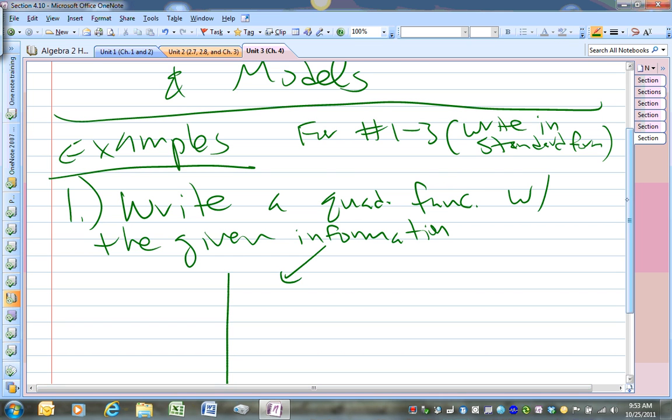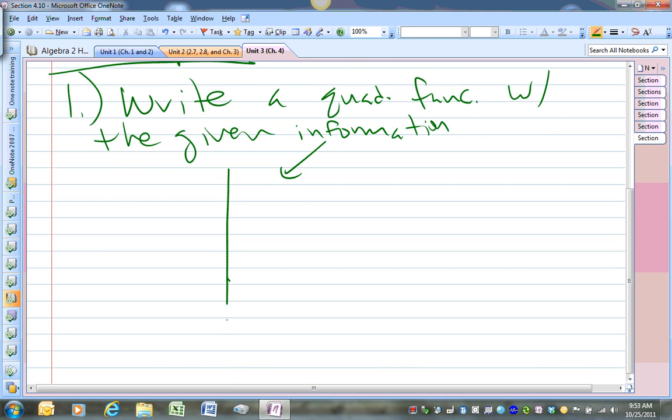I'm going to give you a graph. And I am going to give you the vertex and a point on the graph. Just trying to do this as carefully as I can. Alright. Got that point right there.